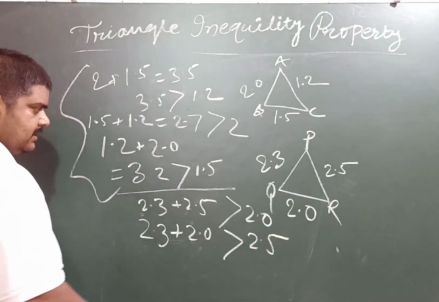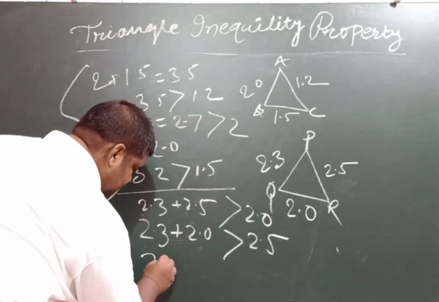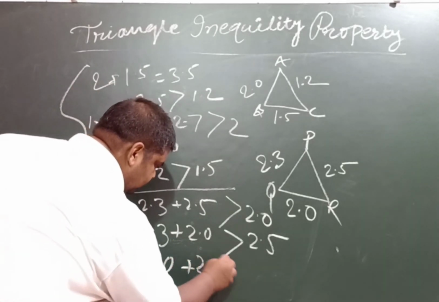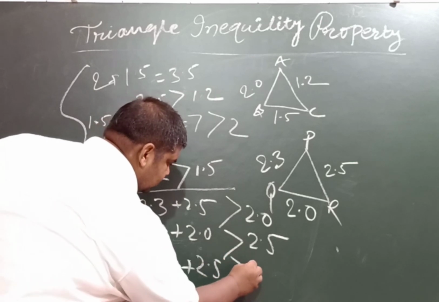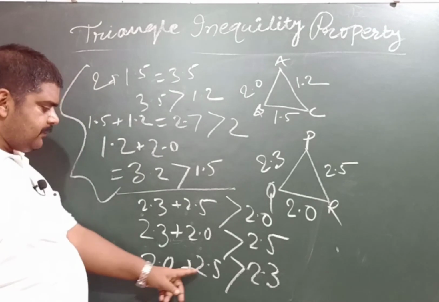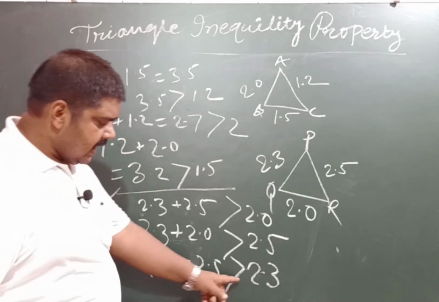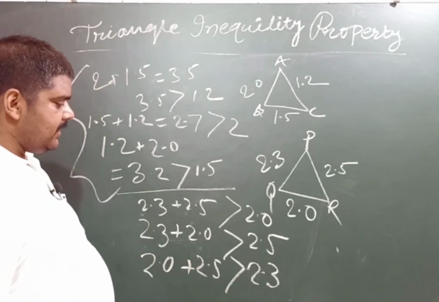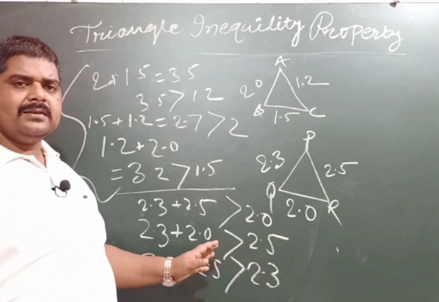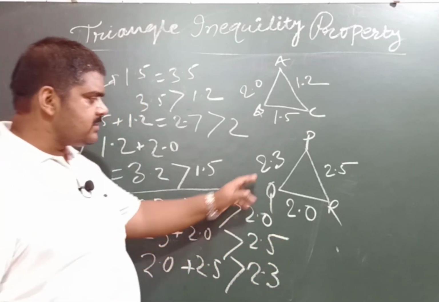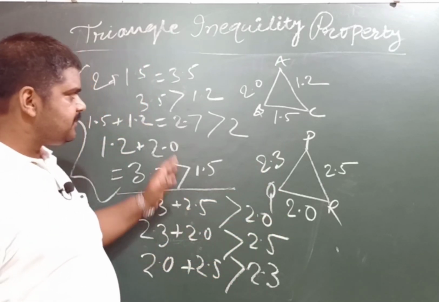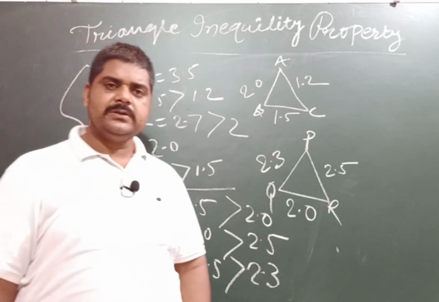Similarly add 2.0 plus 2.5, which is 4.5, and it is greater than 2.3. So it follows the triangle inequality property, because the sum of any two sides is greater than the third side. This property is known as the triangle inequality property.